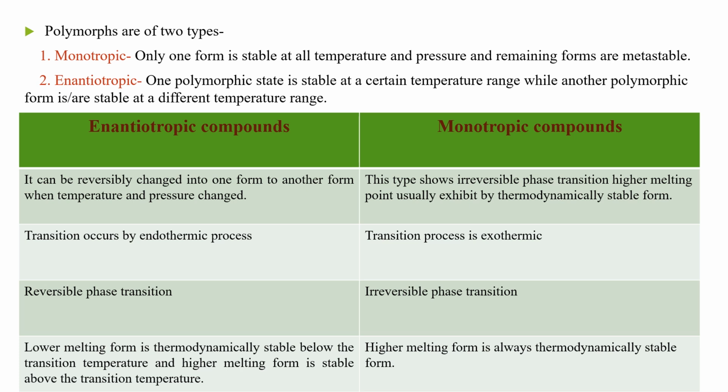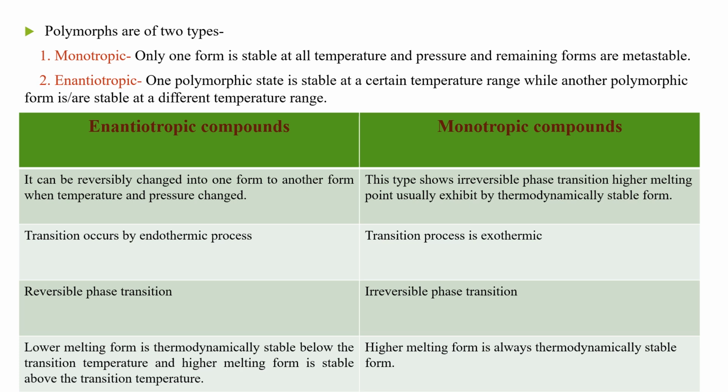Transition occurs by an endothermic process in enantiotropic compounds, but in monotropic compounds the transition process is exothermic in nature. In enantiotropic compounds, reversible phase transition is seen; in monotropic compounds, irreversible phase transition is seen.